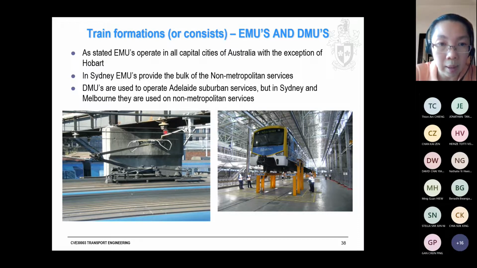Yeah, so this is the overhead line equipment that was used to supply the electricity to the train. Okay, this is the EMU unit here. So this overhead line equipment supplies the electricity to power the train. And this type of train is typically used for non-metropolitan services.